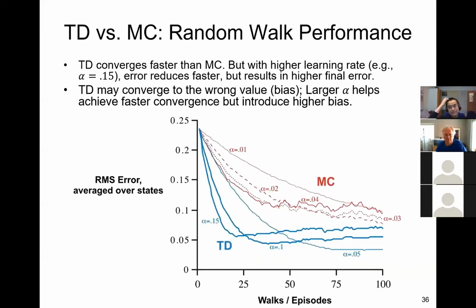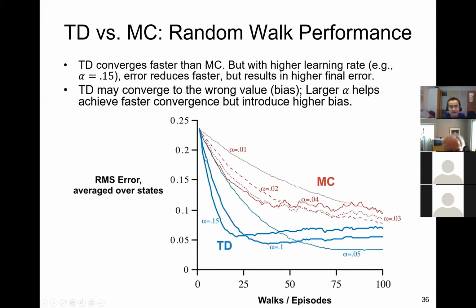So here's an example of a random walk evaluated for MC, the red lines, with different alpha learning rates, and TD with different alpha.